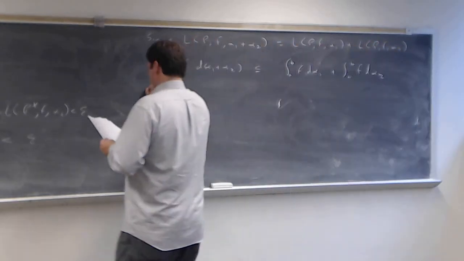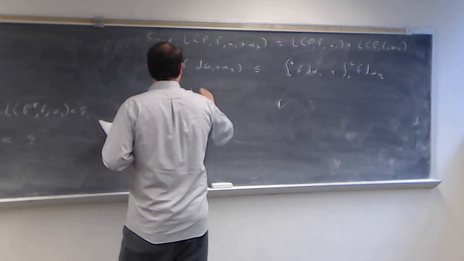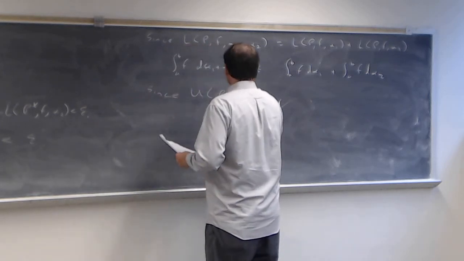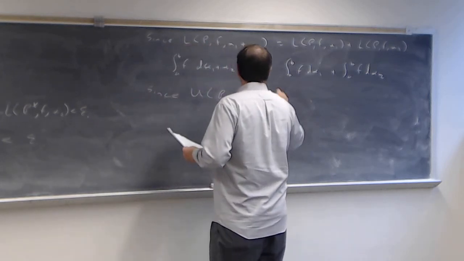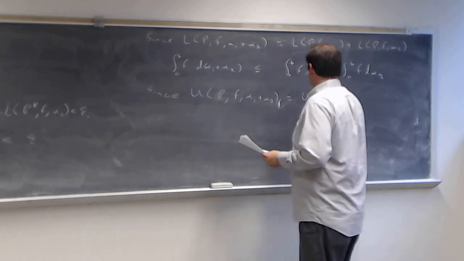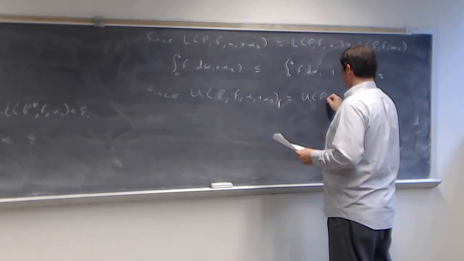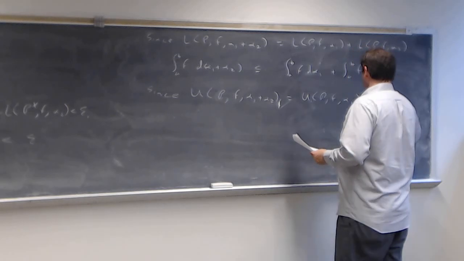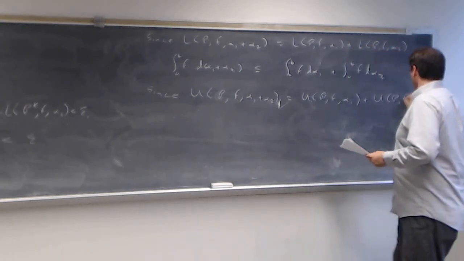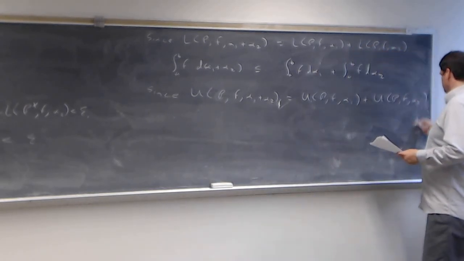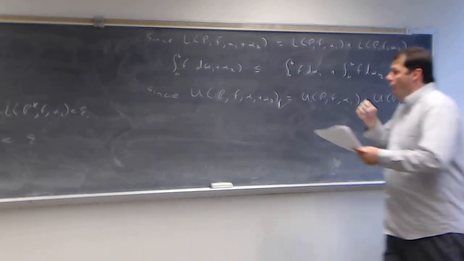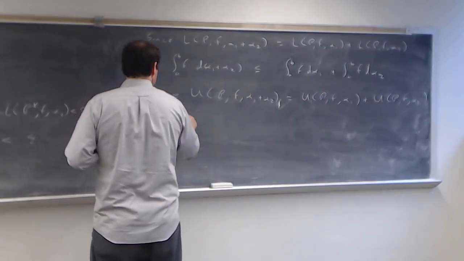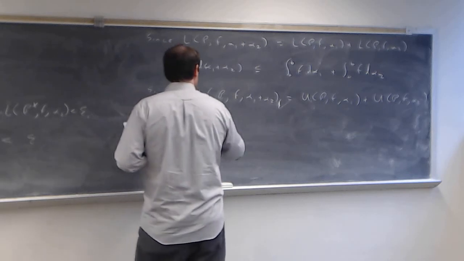Similarly, since we have this upper sum is equal to this upper sum plus this other upper sum, then, okay, we'll take the inf of this.